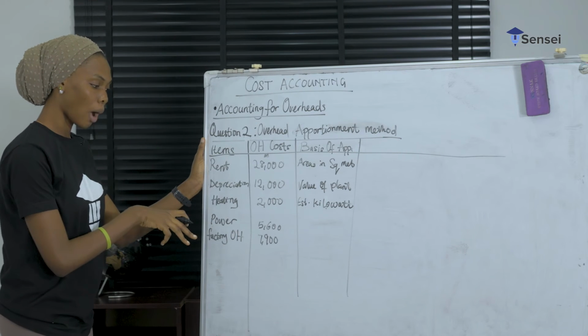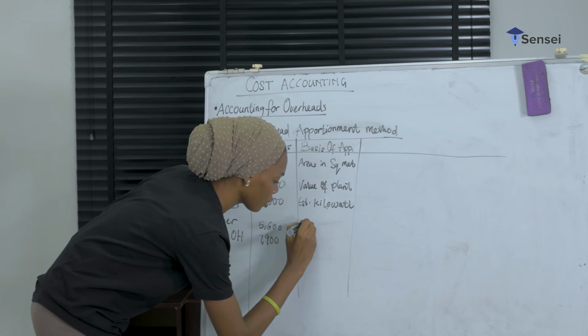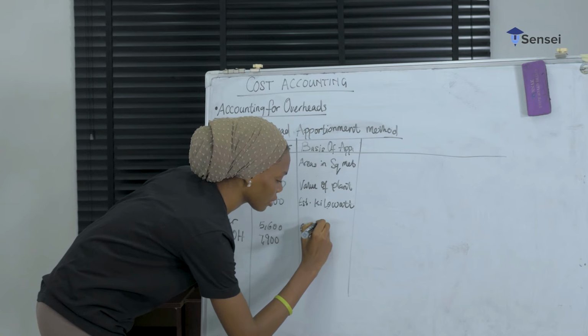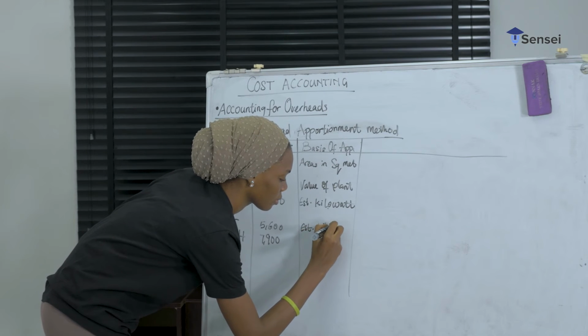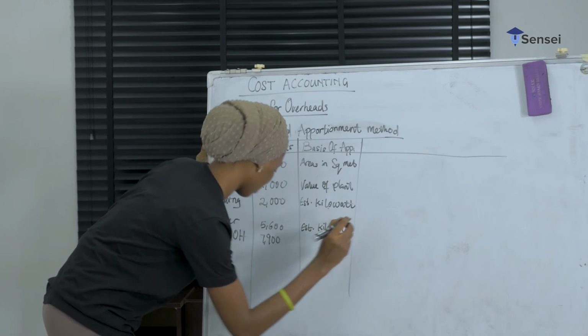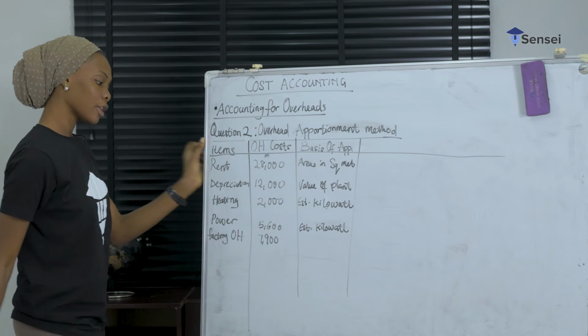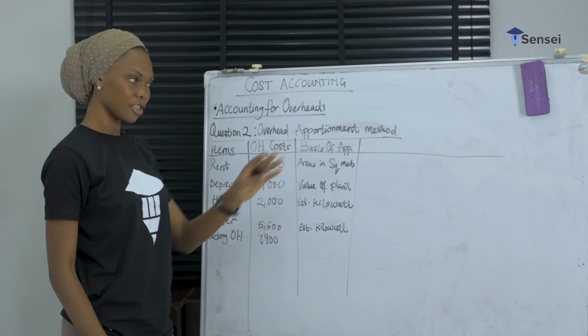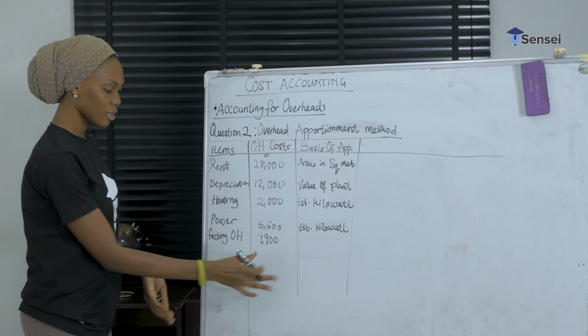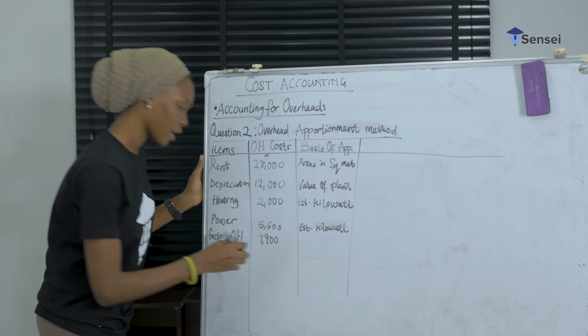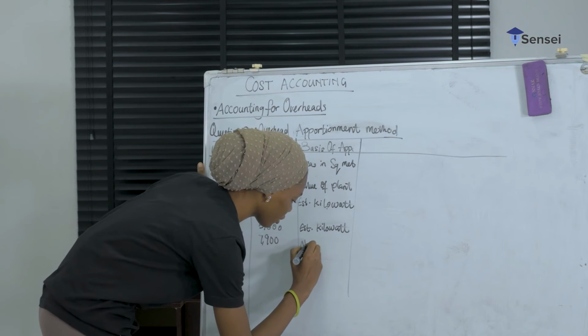The same goes for power. We also use estimated kilowatts as a basis of apportionment. And for factory overhead, we use the number of employees in each of the departments to share the cost associated with factory overhead. So that's the number of employees.